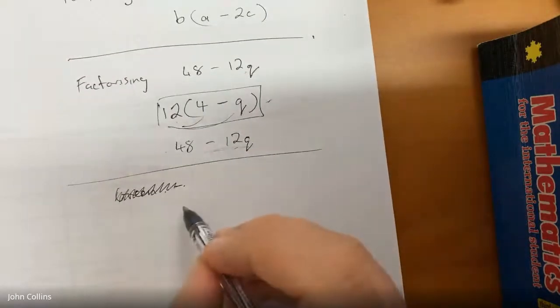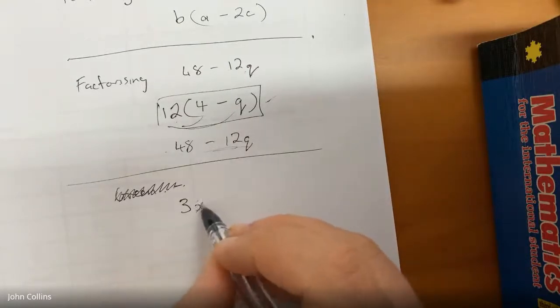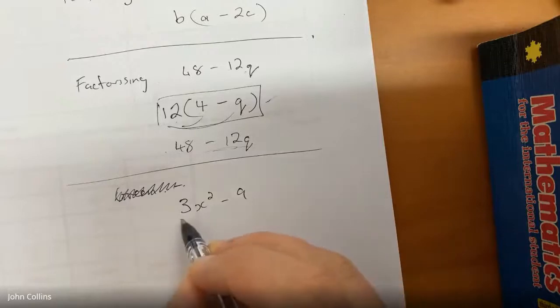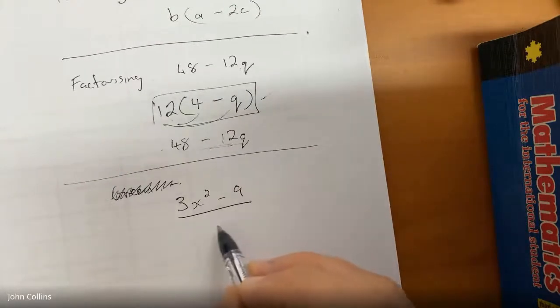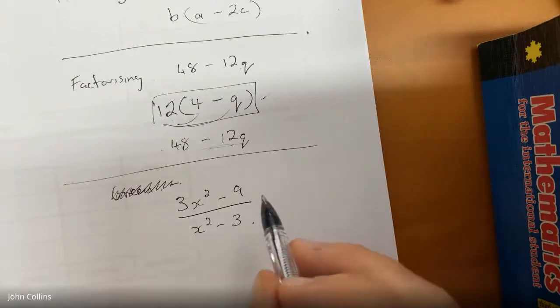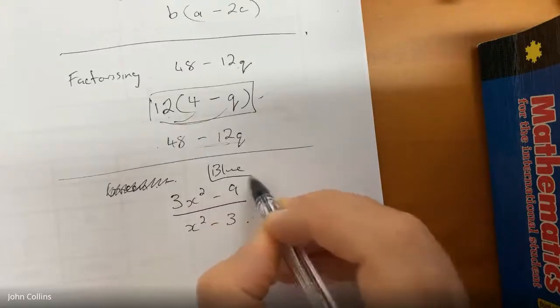So if you're thinking of doing blue, just realize that if I have something like this, 3x squared minus 9 divided by x squared minus 3. If I have that, so this is for the harder questions in blue.